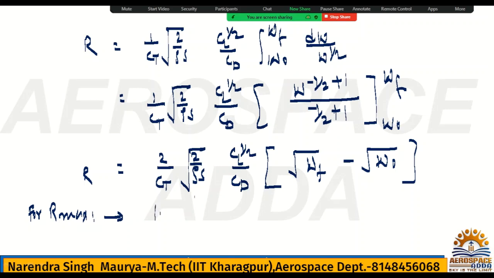What are the points? Number one, check. That density, if it is small, then range will be high. So where will you get small density? At higher altitude. Okay, the aircraft should fly at high altitude.